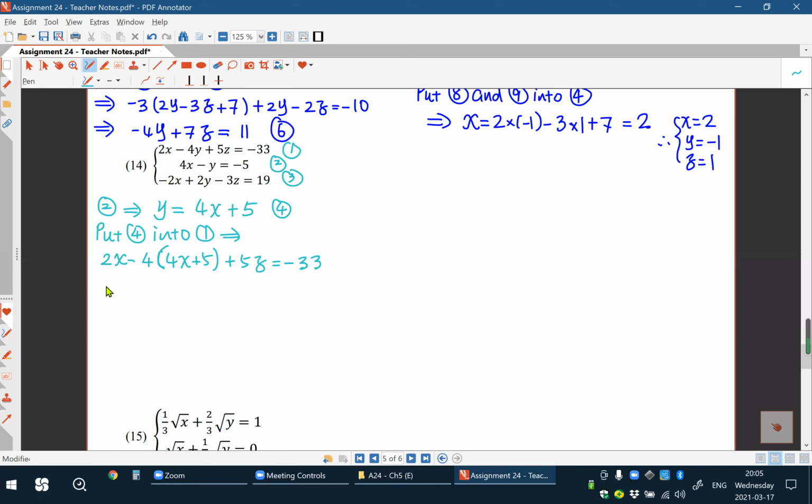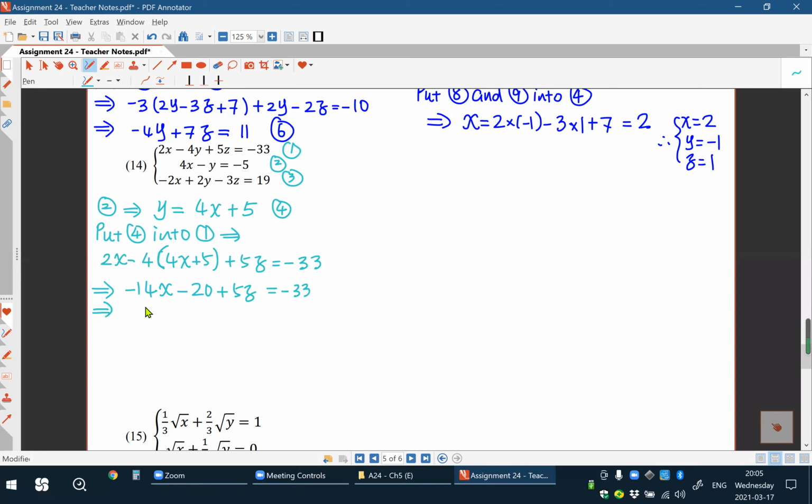Let's simplify this. 2x minus 16x is minus 14x, and minus 20 plus 5z equals minus 33.